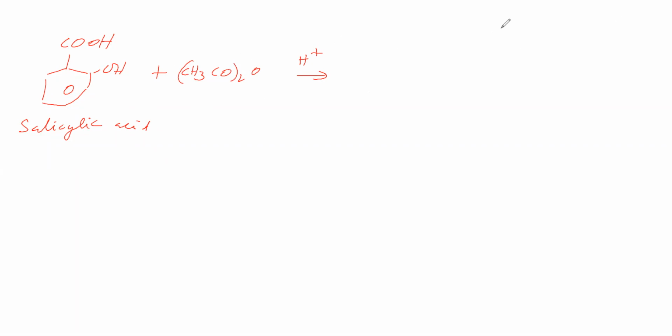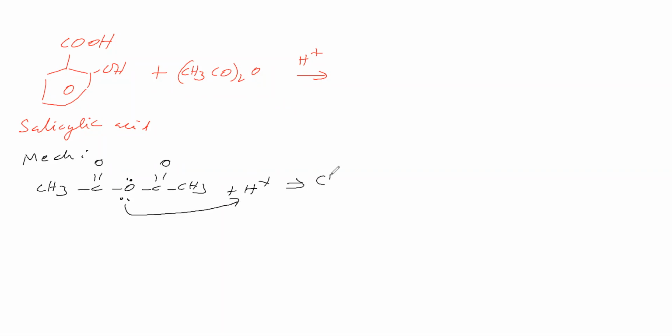Now we will see the mechanism in this case. The mechanism is that the acid anhydride is attacked by H plus. Now we will take the acid anhydride. Here oxygen has 2 lone pairs. This lone pair is attacking H plus. Therefore, we will get it like this.